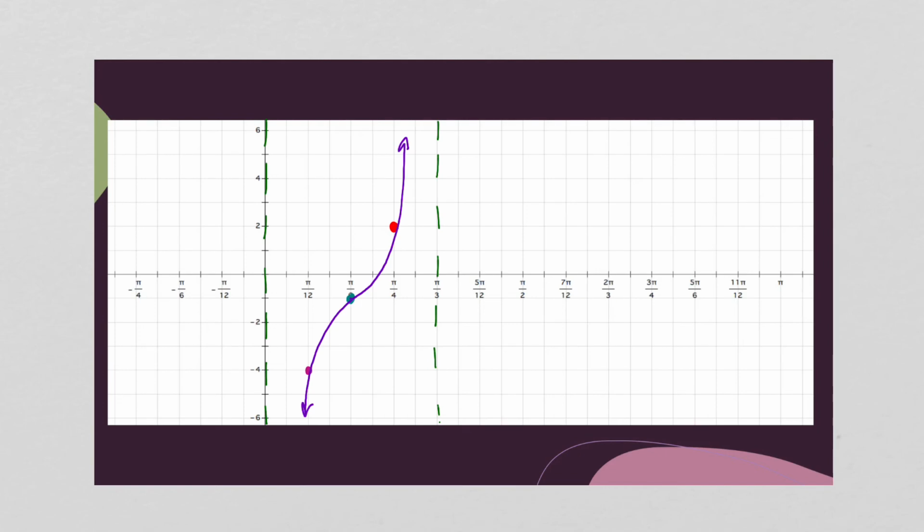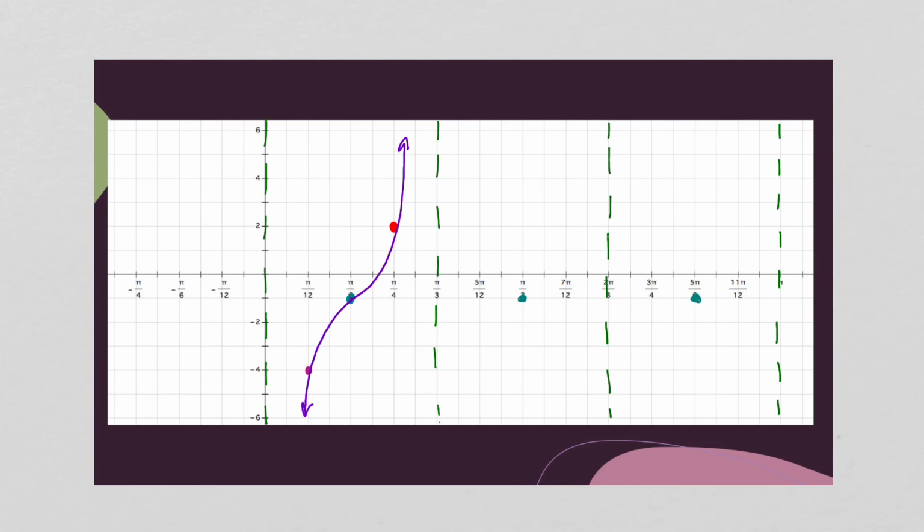But another pi over 3 would be 2 pi over 3 for the next asymptote. And I don't think I can fit the other on there. Okay? So I could fit... Oh, no, the next would be at pi. Sorry. Okay? And then I can take my point of inflection and just move it over to the middle, keeping it at -1.